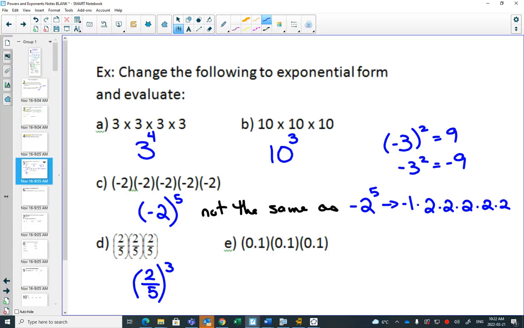This one would be 0.1 cubed. Or if you wanted to write it as a fraction, it would be 1/10 cubed. Practicing changing our decimals to fractions. That was our first unit. Remember that?